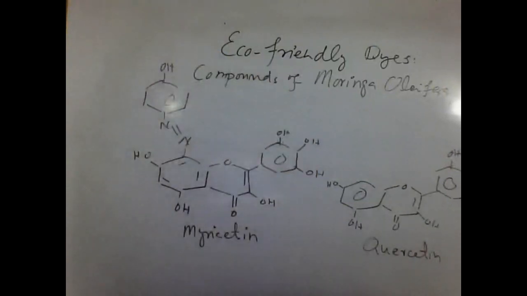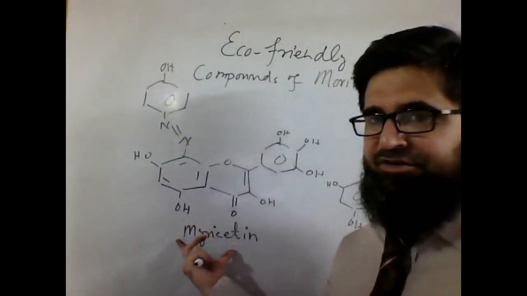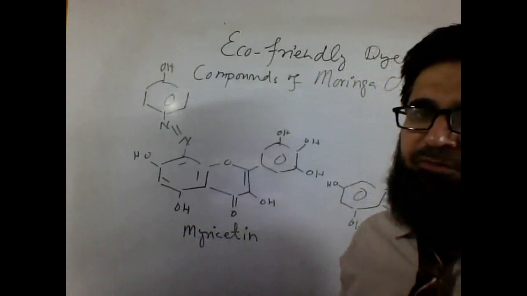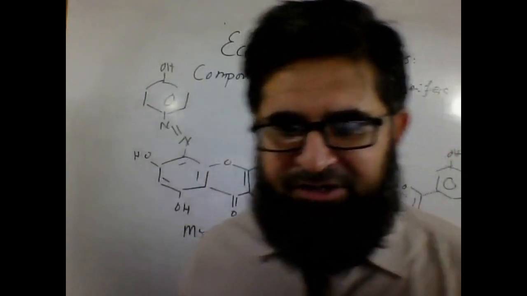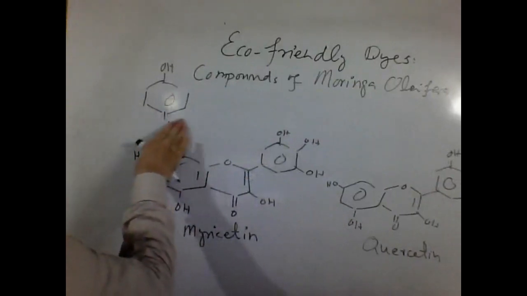This is a semi-synthetic dye, because with one compound, myricetin from Moringa oleifera, we perform nitration, reduction and diazotization, then coupling with the phenol, and we can get this semi-synthetic dye, okay?